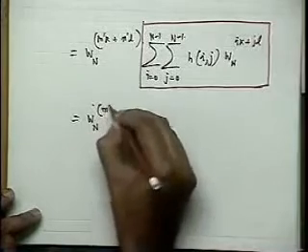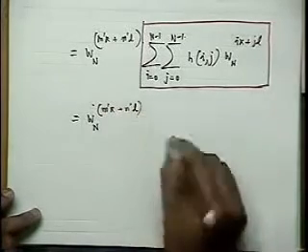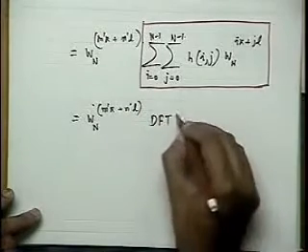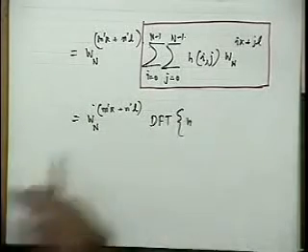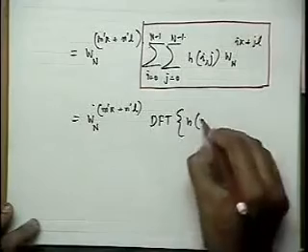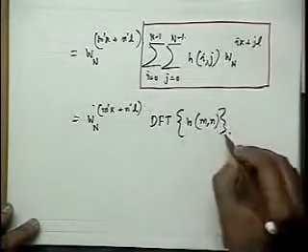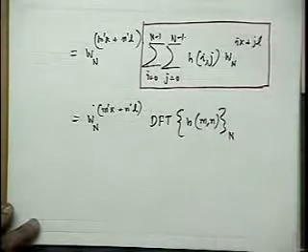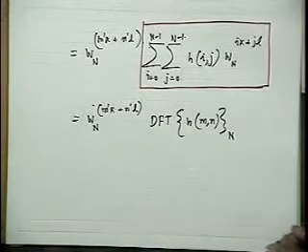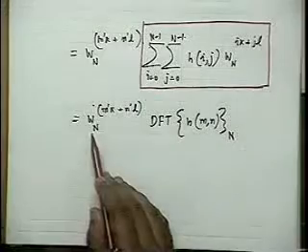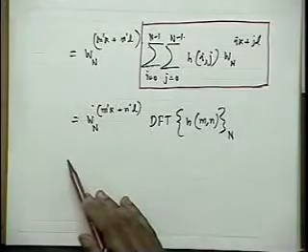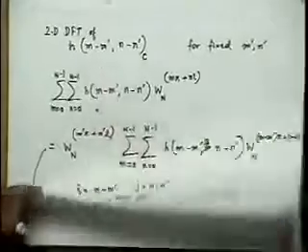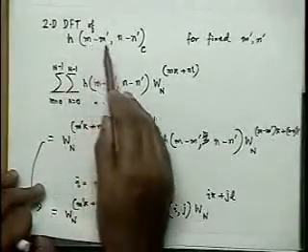So it is W to the base N, m prime k plus n prime l, multiplied by simply the DFT of h ij, or rather I can call it the DFT of h mn also, because whether I choose indices ij or mn, it is to the base N. This is multiplied by an extra term coming over here, because my original DFT was not on h of mn, but on h of m minus m prime, n minus n prime.